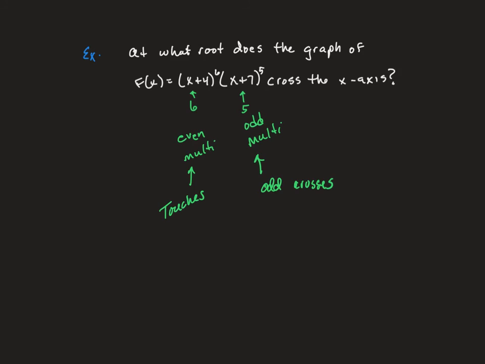So at what root does this graph cross the x-axis? Hopefully we know that if we took x plus 7 and made it equal to 0, did our inverse operations, the root where it crosses over the x-axis is going to be x equals -7.